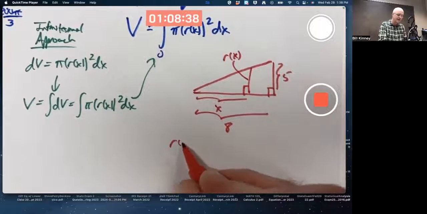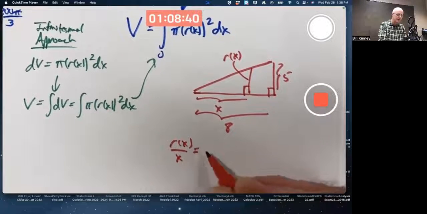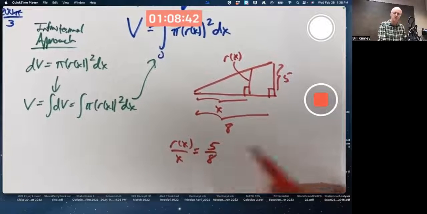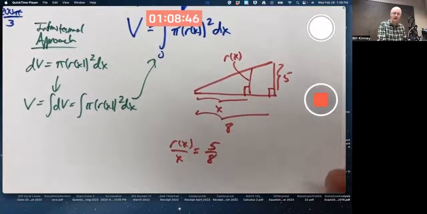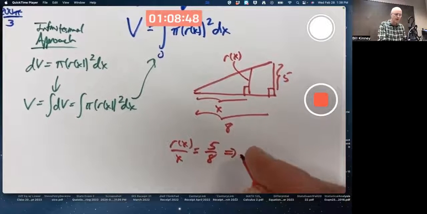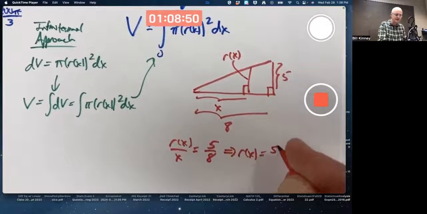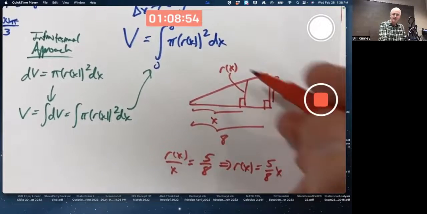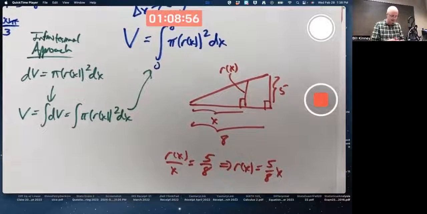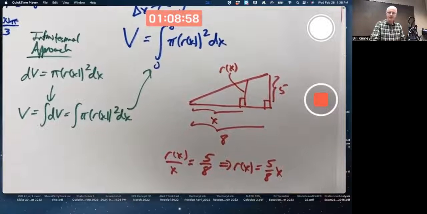And r of x divided by x is 5/8. That's similar triangles. You take the ratios of the corresponding sides, you get equality. So r of x is 5/8 times x. I have to square that function, multiply it by pi, and then integrate. Can do that in about 1 minute, I think.